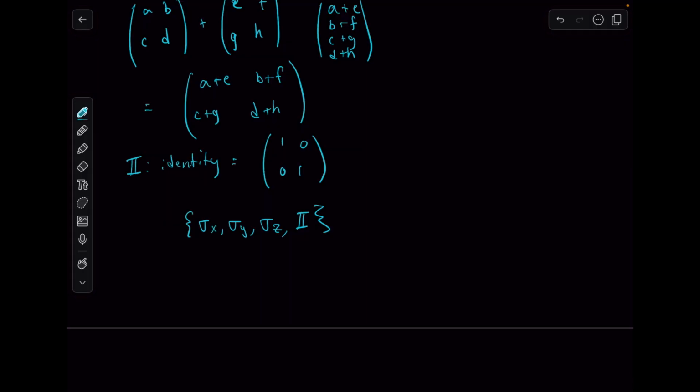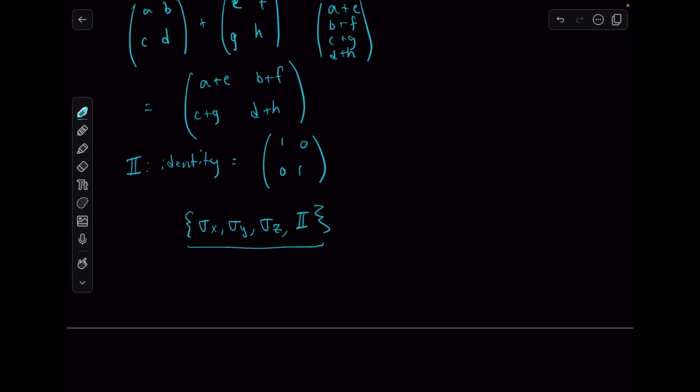I just said that we can express any two-level quantum system as a linear combination of the eigenstates of the operators in this set. And because of that, this gives us a nice, very intuitive way to think about a two-level quantum system.